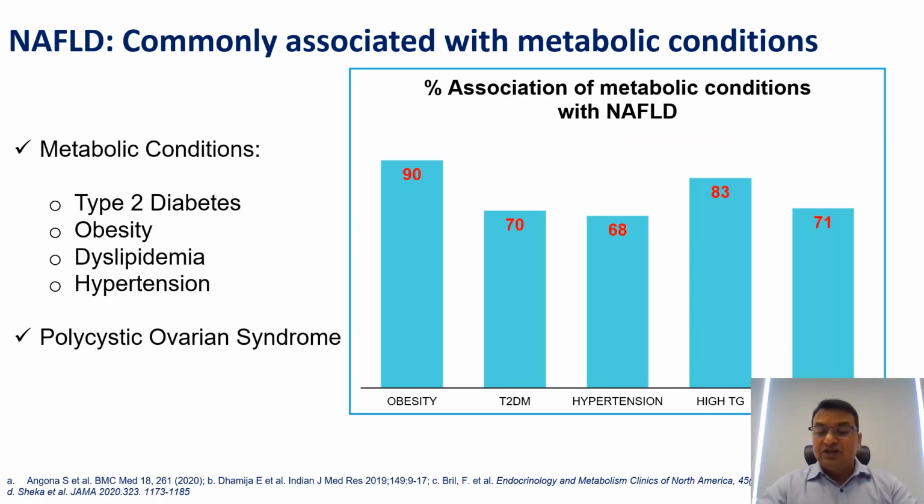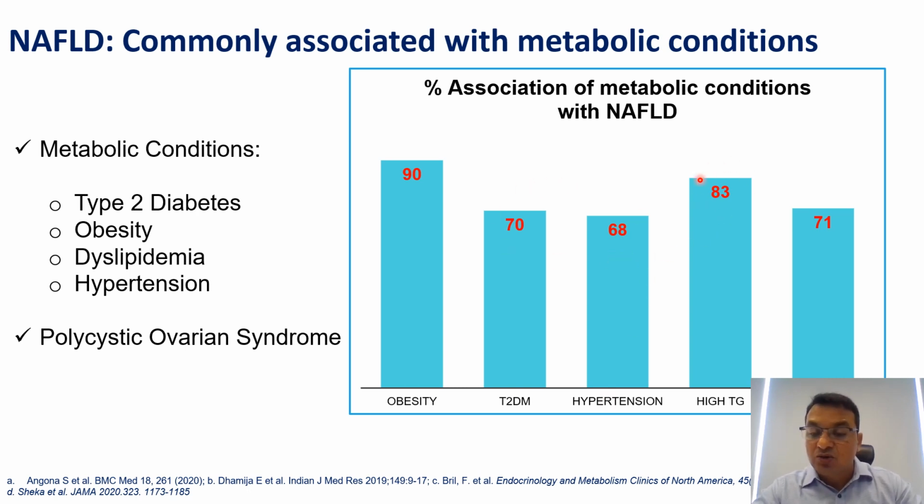So, as I just mentioned, around 38% of the general population in India suffer from NAFLD. But if you take a specific cohort of patients having various metabolic disorders like obesity, then the prevalence is to the tune of 90%. Type 2 diabetes, hypertension, to the tune of 70%.